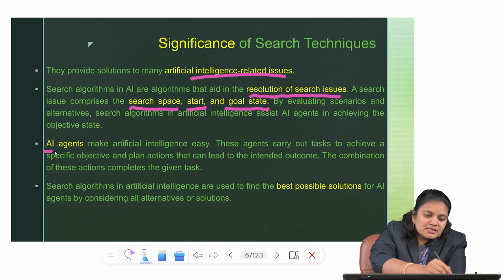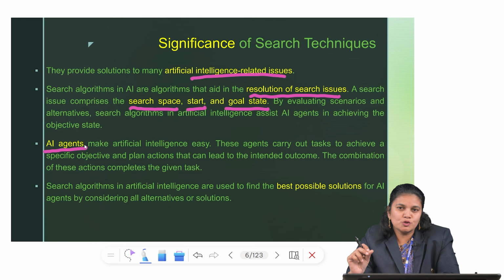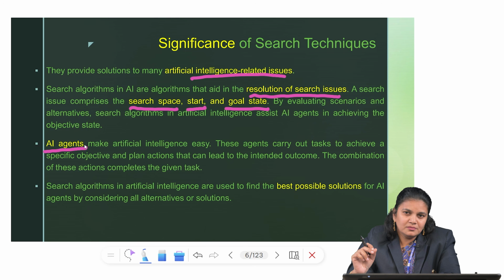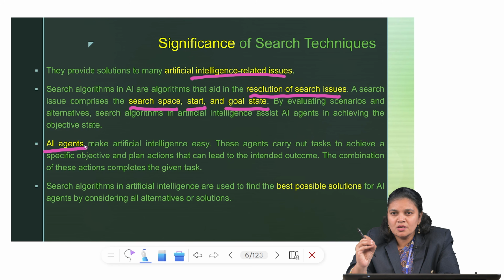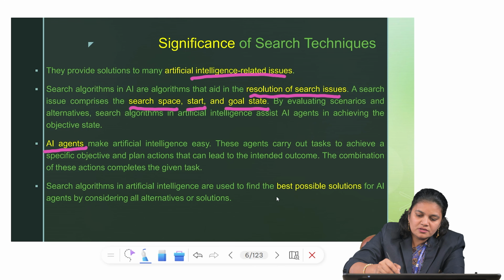Another important significance is in the case of AI agents. AI agents are small models where we can sense elements, some operations will be performed inside, and then they will give us some results. This perception of data happens in AI agents, and search algorithms play a main role in AI agent development.